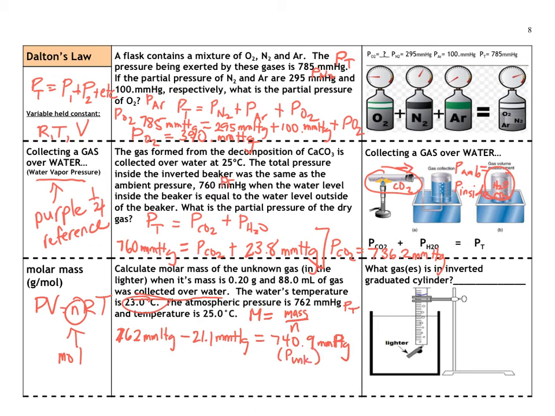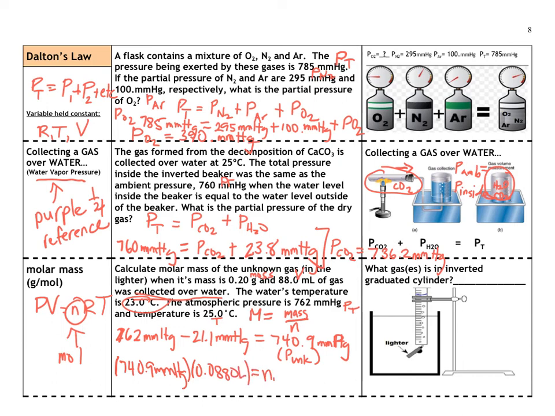Now, I have my P, here's my V, here's my mass, and here's my temperature of the gas. So I've got all the variables to calculate moles of gas. I'm going to use the ideal gas law, PV equals nRT, to calculate the moles of my unknown gas. Let's start off with P, 740.9 millimeters of mercury. Then we shift over to V, which has to be in liters, 0.0880 liters.